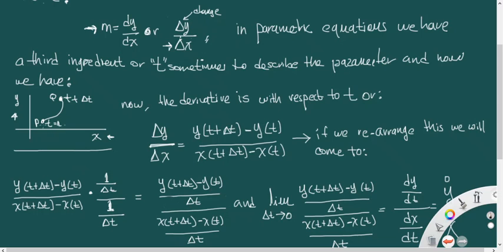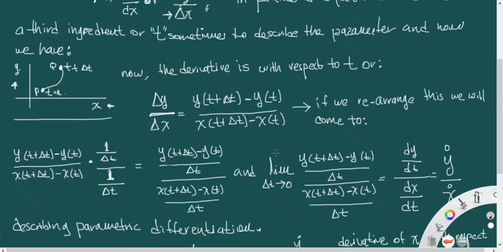Now, to this type of expressions, the derivative with respect to t, because in this case we are not getting the derivative of y with respect to x, we need to find the derivative of both functions with respect to t. And for that case, we need to do a little bit of arrangements there. Now we have the change of y.